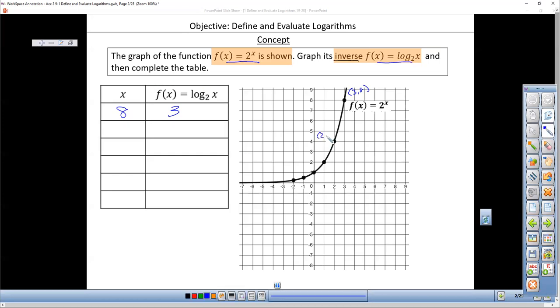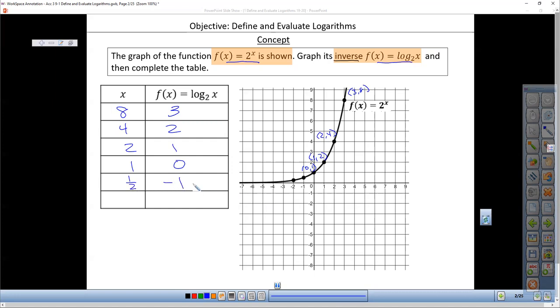For 2, 4, then it switches to 4, 2 in its inverse, the logarithm. For 1, 2, that switches to 2, 1. 0, 1 switches to 1, 0. This, remember, is negative 1, 1/2, so that switches to 1/2, negative 1.